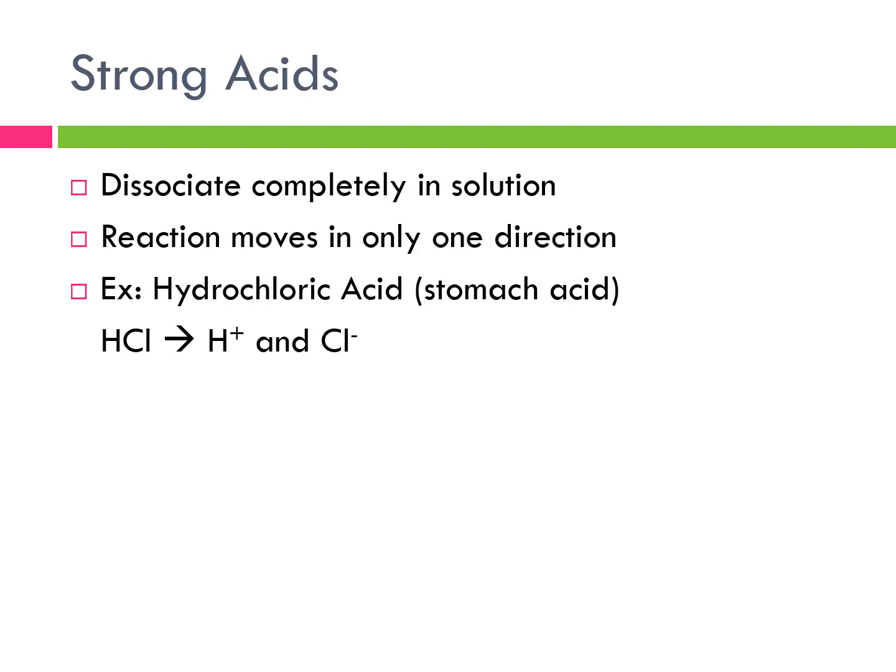Strong acids dissociate completely in solution, and the reaction moves in only one direction, so you cannot come back from it. So hydrochloric acid dissociates into hydrogen ions and chloride ions, and that is what breaks down food in our stomachs.